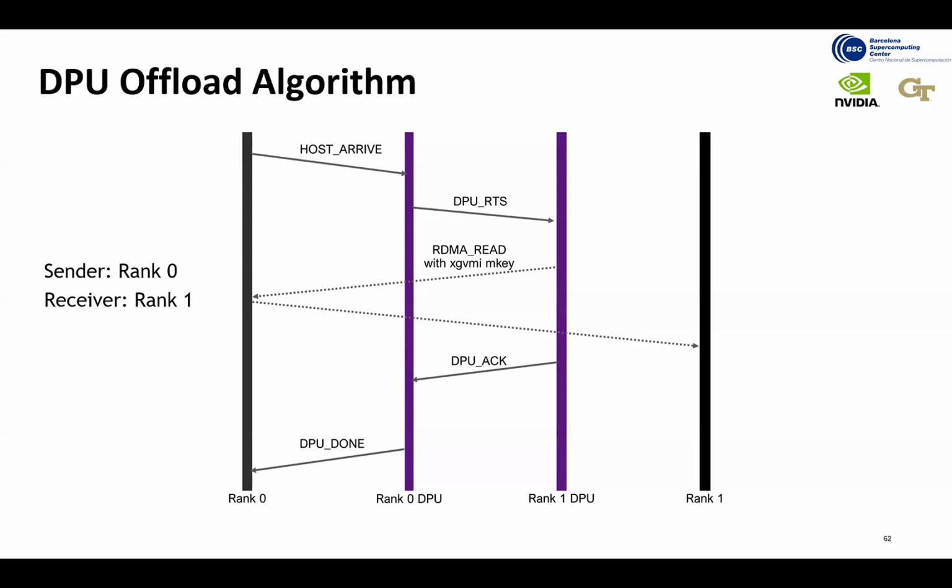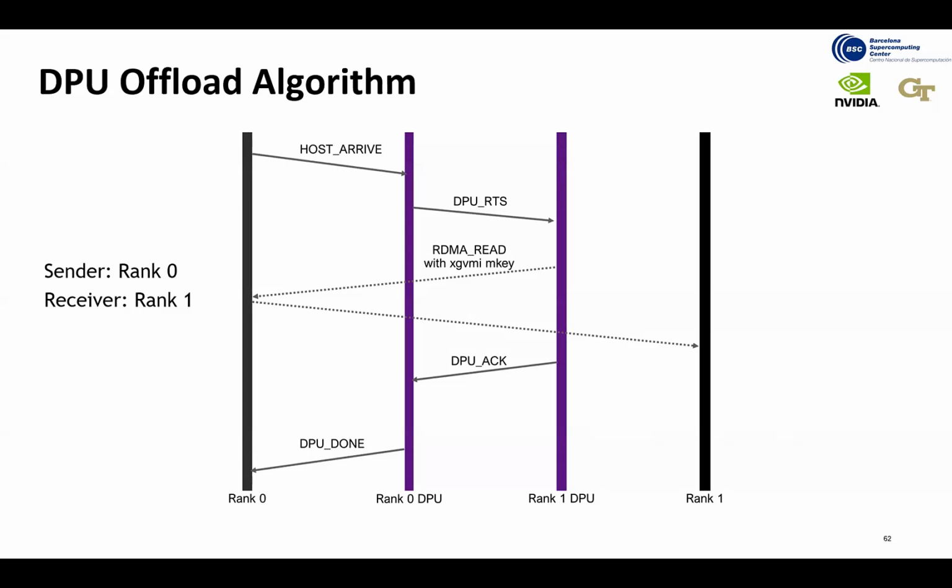So we are not in the control path anymore. We are in the data path. So it's moving the actual data of the application from the host where rank 0 is running to the host where rank 1 is running. It can be the same, but it's literally moving the data.